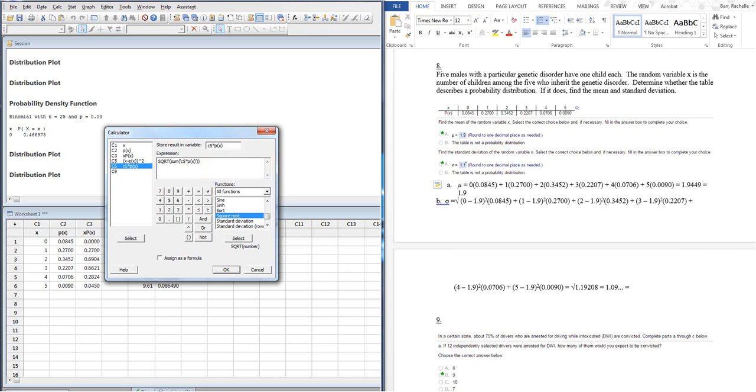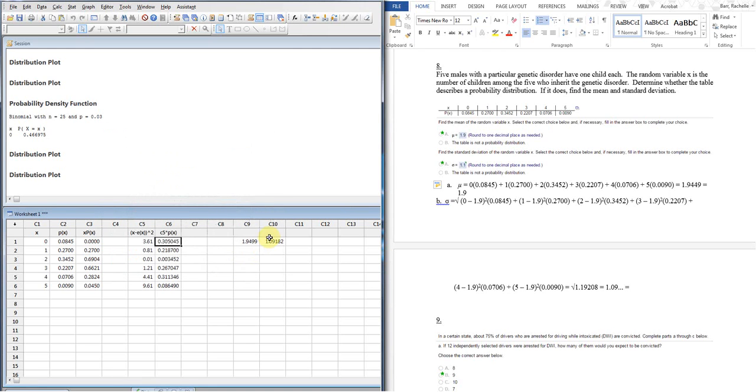I need another parenthesis, and it should do all of this, and I'm going to store it in, I don't know, C10 because I haven't used that one yet. And it should do all of this in one step, at least I'm hoping so. I've had it yell at me before when I've tried to do some stuff all at once. So we might have to sum this first and then square it, but hopefully it works. Woohoo! So there's my standard deviation. Of course, we've been asked to round this to 1 decimal place, so I'd round this to 1.1.